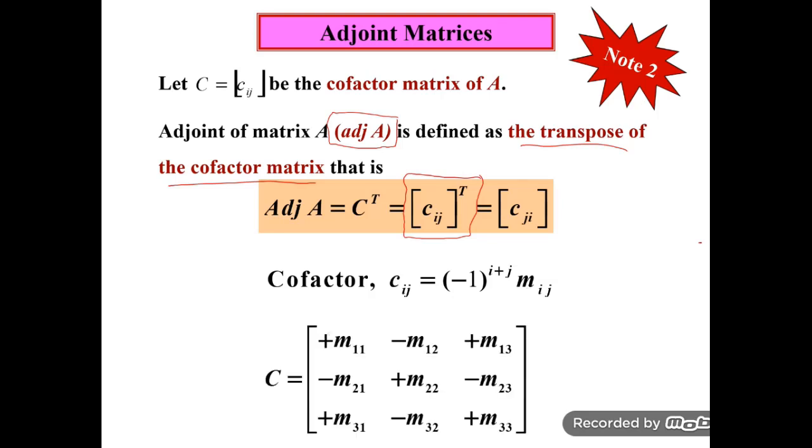The signs here alternate between positive and negative. Why?